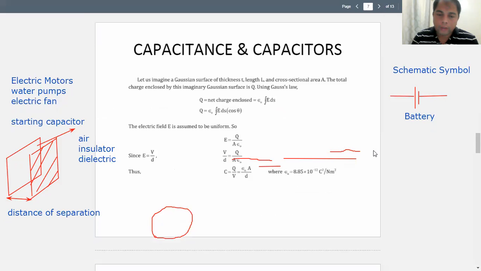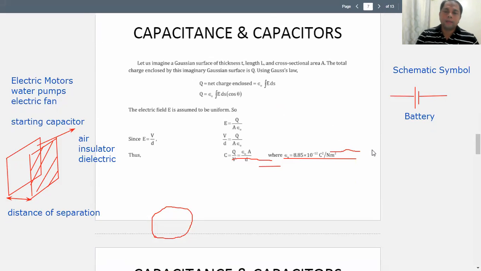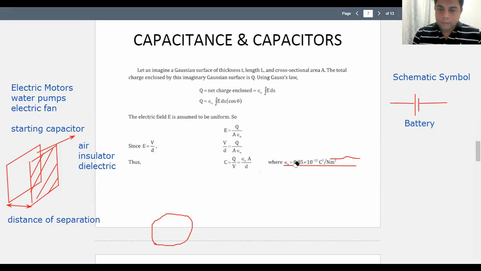Okay, so moving on. Here is our equation again, that may affect the degree of the capacitance. Our initial equation for C is Q over V, but your Q and V can be replaced with epsilon sub o, which we call the epsilon value, and its value is 8.85 times 10 to the minus 12.